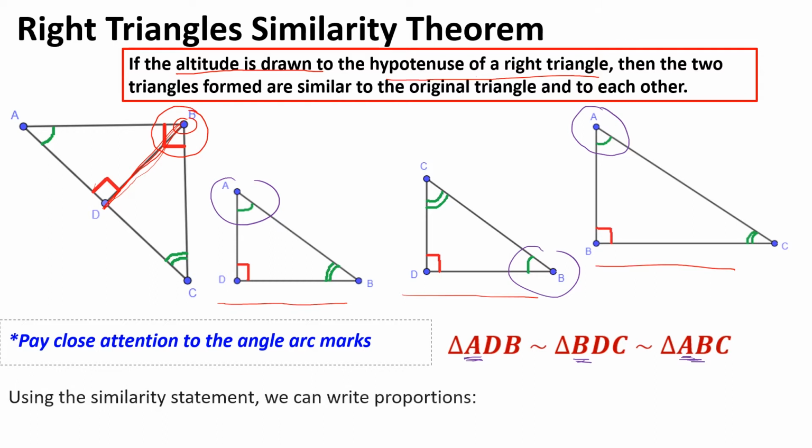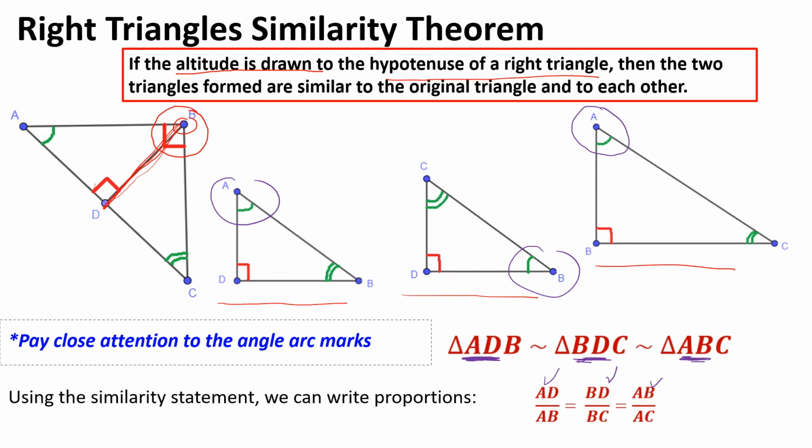And using that similarity statement, we can write proportions. So these are the three proportions we could write: AD over AB, BD over BC, AB over AC. If you notice with AD, it is the first two letters in that first triangle. BD, first two letters in that second triangle, and AB, first two letters.